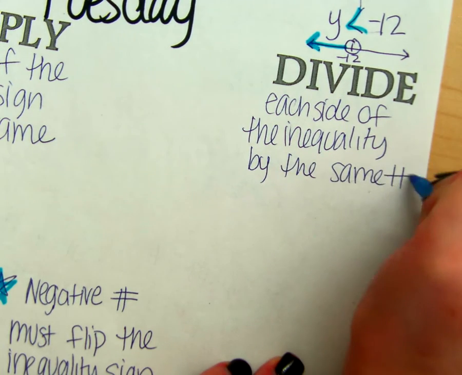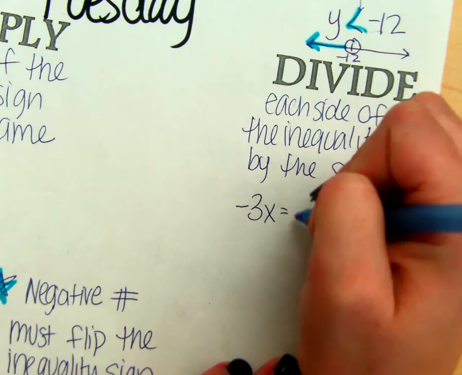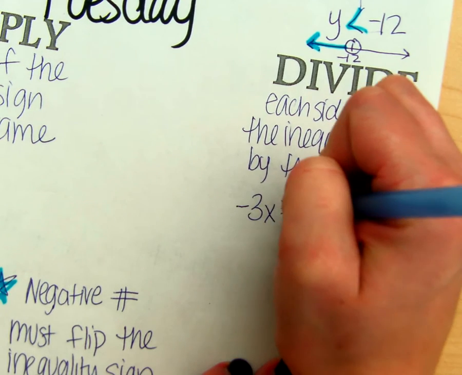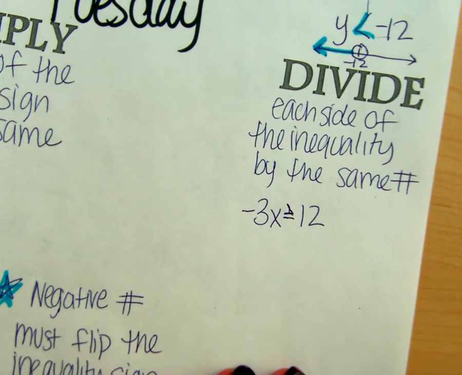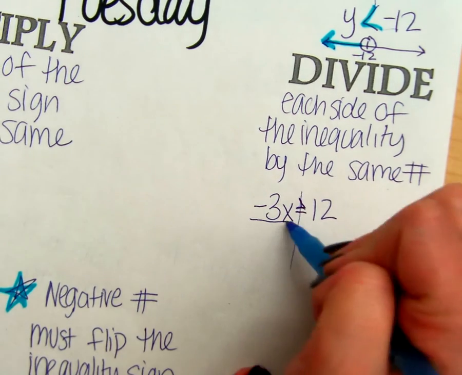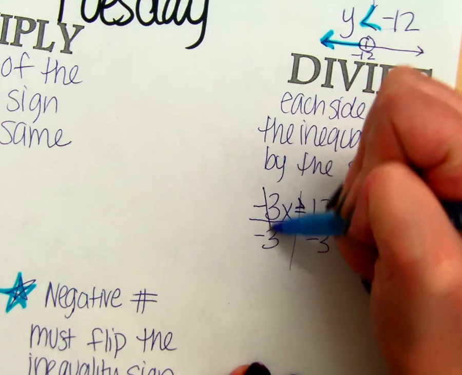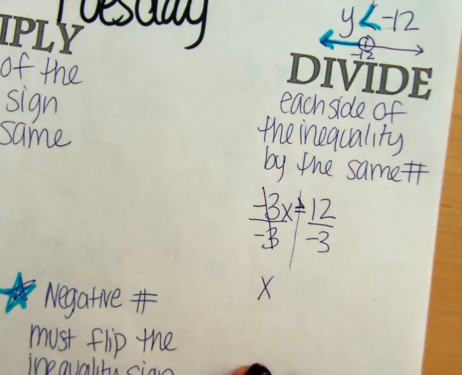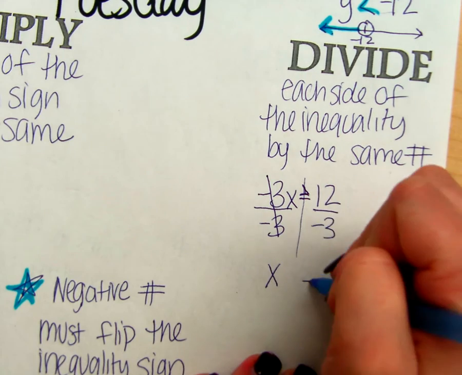So if we have negative 3x, let's put greater than or equal to 12. Okay? You know that you need to divide both sides by negative 3 in order to get x by itself. 12 divided by negative 3 is going to be negative 4.